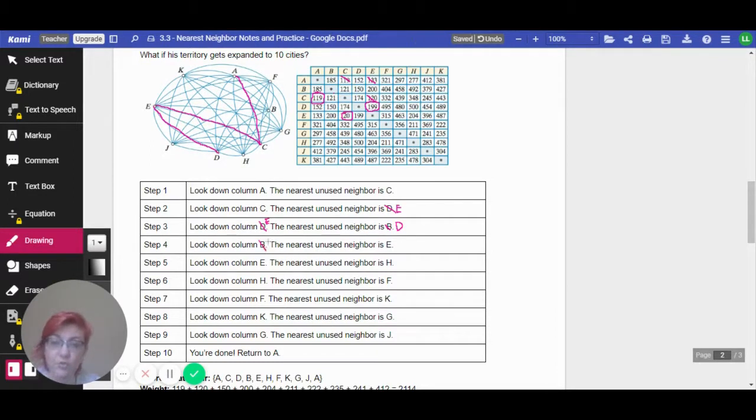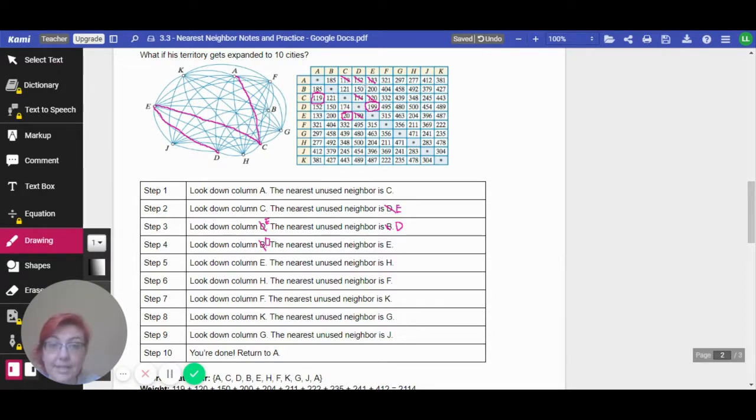So now I'm going to reference column D. I cannot go back to A. I cannot go to C because that's already been used. And E is where I came from. So what is my unused nearest neighbor?